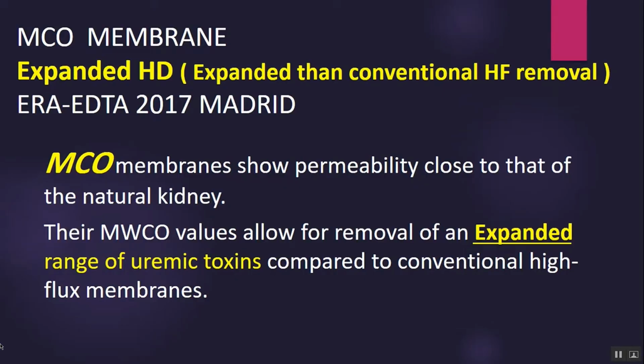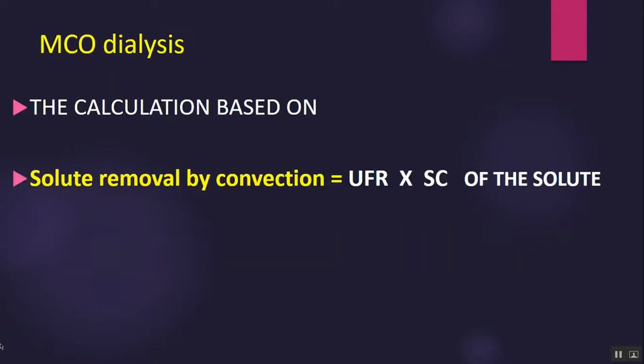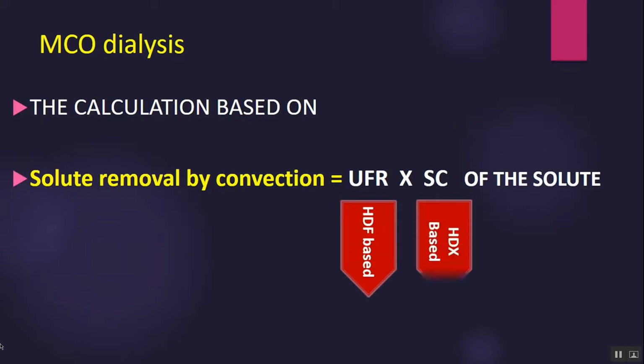So expanded hemodialysis means expanded removal compared with conventional high flux, and the medium cut-off membrane shows permeability close to that of the natural kidney. Calculation in hemodiafiltration and the medium cut-off is based on the ultrafiltration and the sieving coefficient of the solutes.